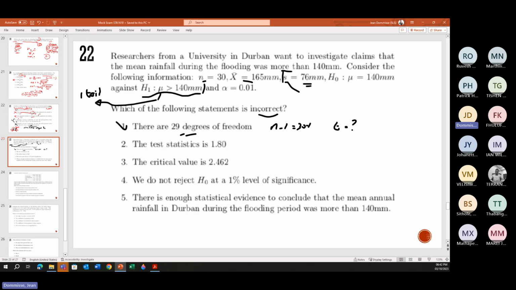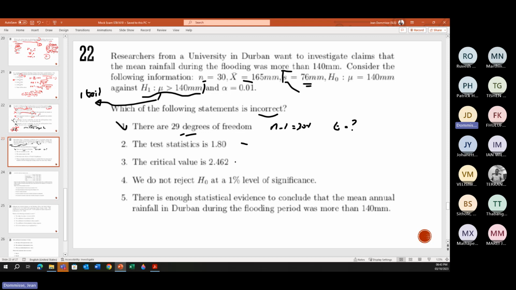Okay, so now we need to go through all of them. The test statistic, so T-stat, let's rather first go to the critical value one.